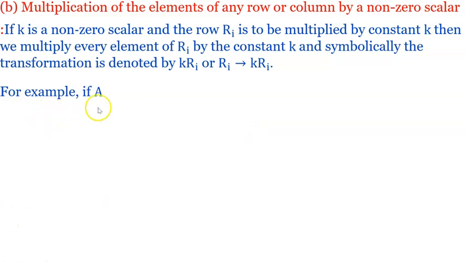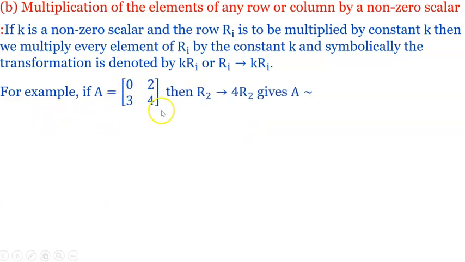For example, if A is the matrix 0, 2, 3, 4, then R2 changes to 4 times R2 gives, means multiply 4 to each element of the second row. 4 into 3, then you will get 12. 4 into 4, here you will get 16. Therefore, matrix A changes to 0, 2, 12, 16.